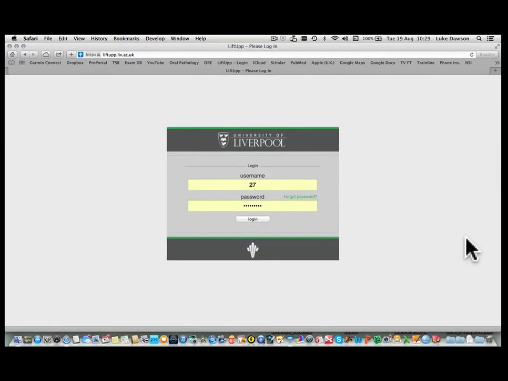So when you first log in, you will have a username and a password. The school will issue you with these, and when you first log in, you'll be able to change your password. I would recommend that you don't use Internet Explorer as your browser. Internet Explorer has some odd rules.